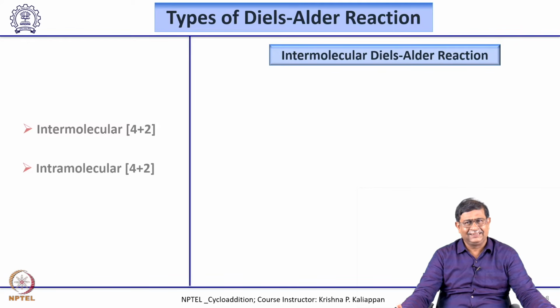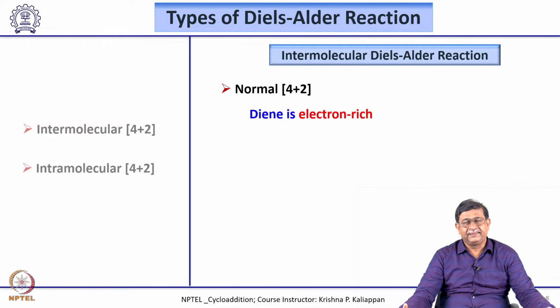Let us start with the intermolecular Diels-Alder reaction now. Again, this intermolecular Diels-Alder reaction can be further classified into 3 types. One is the normal 4+2 cycloaddition reaction. So what is this normal 4+2 cycloaddition reaction? That means the diene used for this Diels-Alder reaction should be electron rich in nature, while the dienophile used should be electron poor.